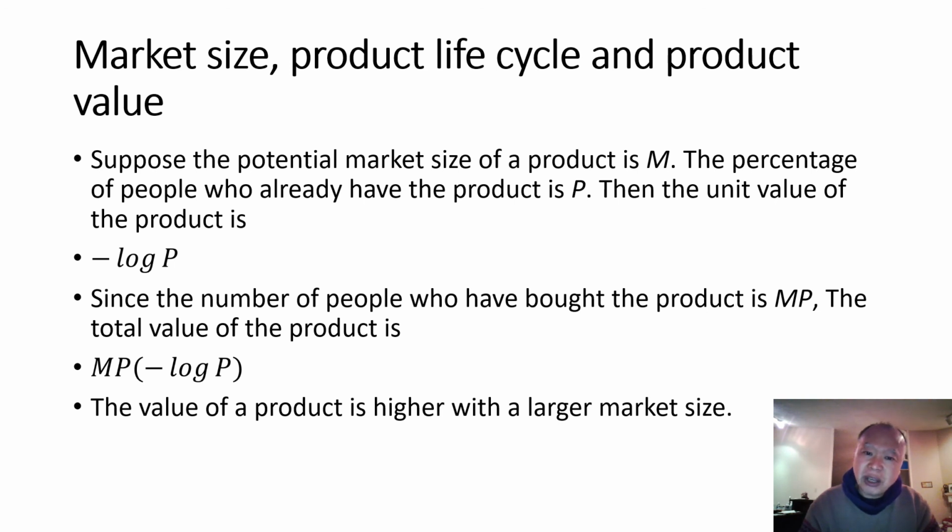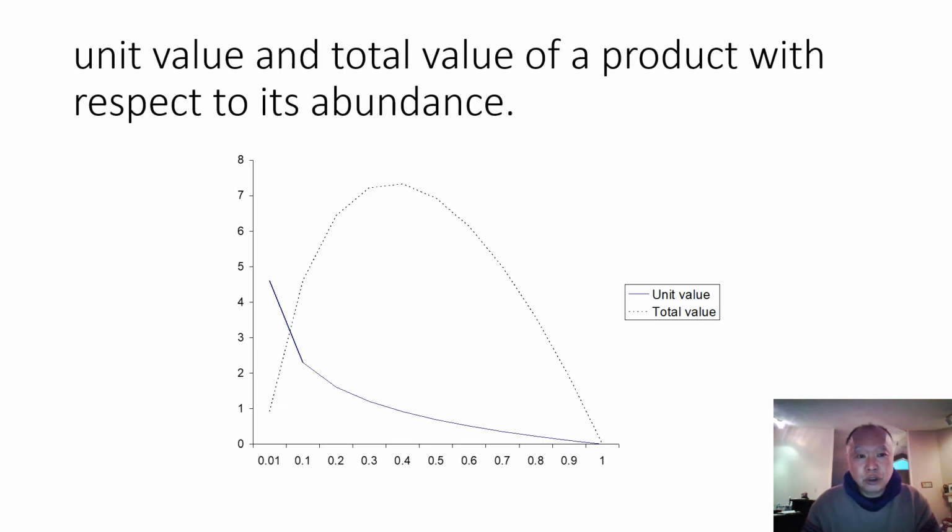Suppose the potential market size of a product is N. The percentage of people who already have the product is P. Then the unit value of this product is negative log P. Since the number of people who have bought the product is NP, the total value of the product is NP times negative log P. This graph shows the unit value and the total value of a product with respect to its abundance.